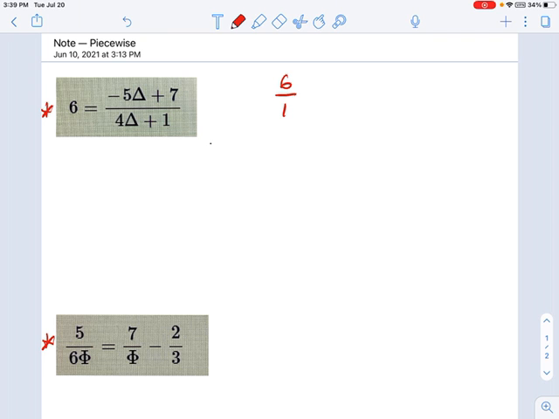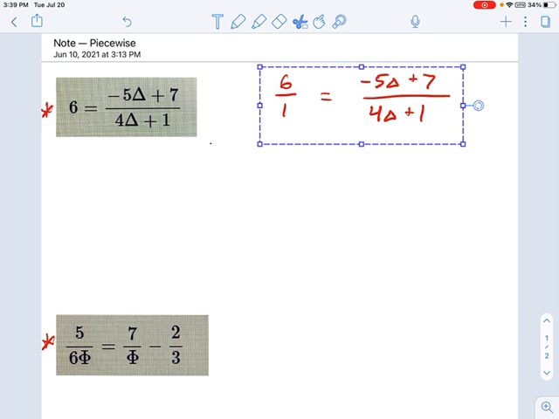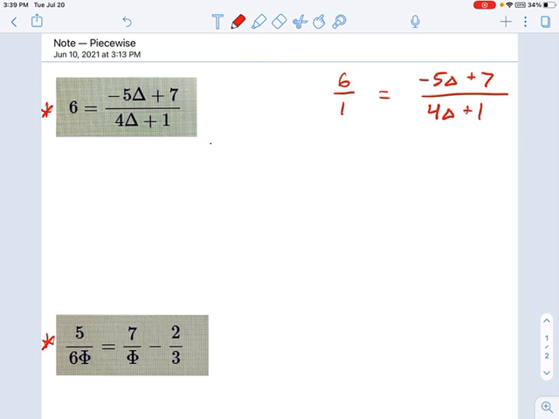And I want equal denominators everywhere, or common denominators. So I'm going to say negative 5 delta plus 7 over 4 delta plus 1. Now, you can see that the factor the left side is missing is this 4 delta plus 1 thing. That's the missing denominator from the left side.